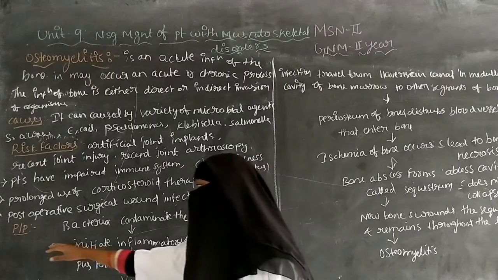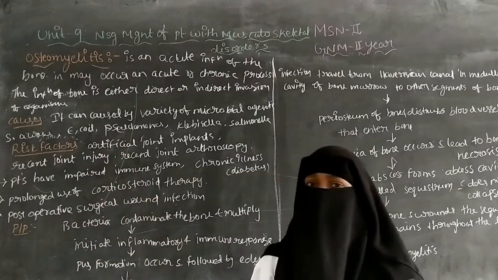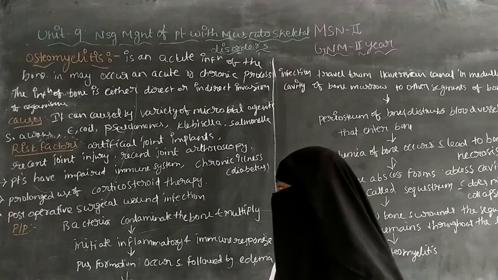And the next one is the pathophysiology of osteomyelitis. The pathophysiology includes bacteria contaminating the bone and multiplying.